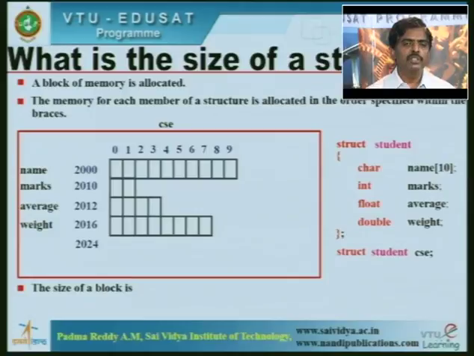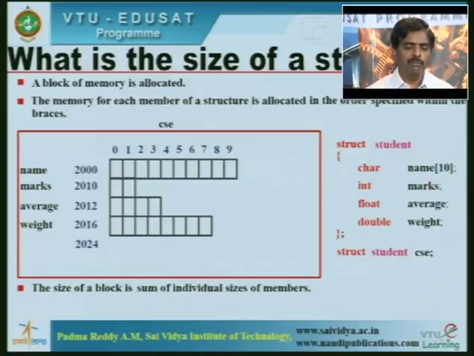Okay, now let us see what is the size. The size of a block is the sum of the individual sizes of the members. How many members are there? 4 members: name, marks, average and weight. Name takes how many bytes? 10 bytes, 2000 to 2009.